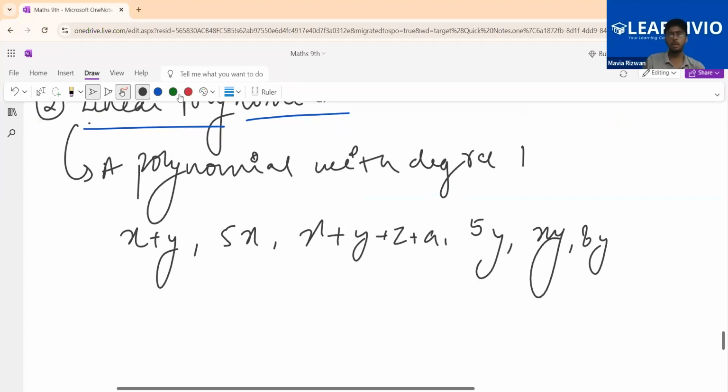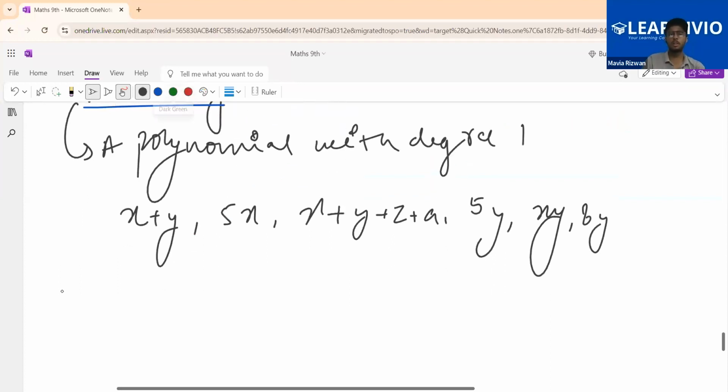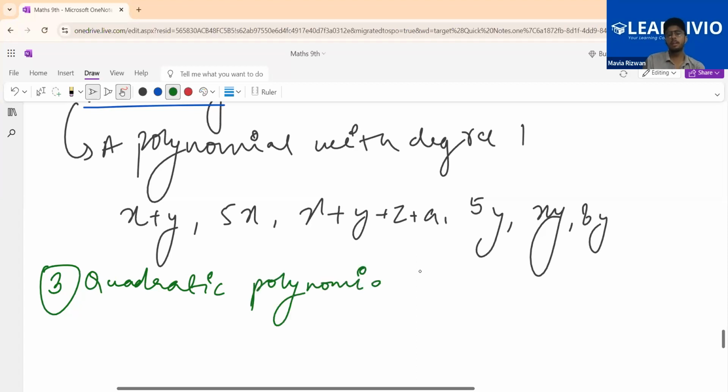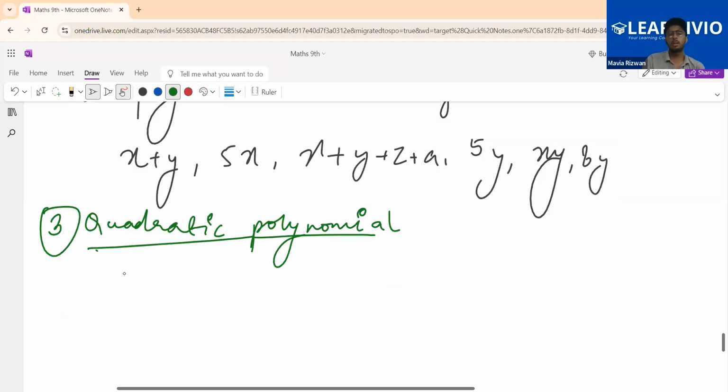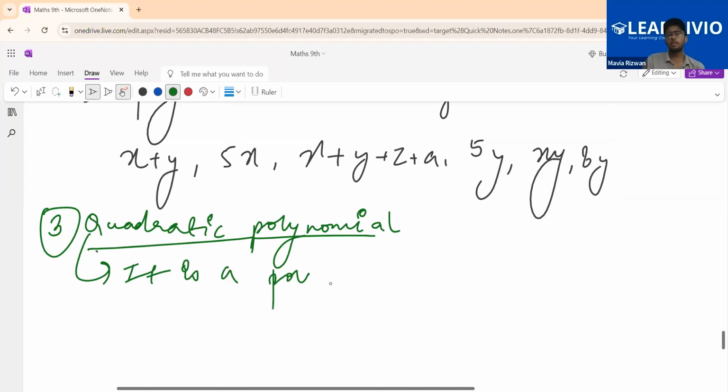Now, third one which we have is a quadratic polynomial. So quadratic polynomial, it is a polynomial with degree 2. Safia, am I going fast or is my speed fine?